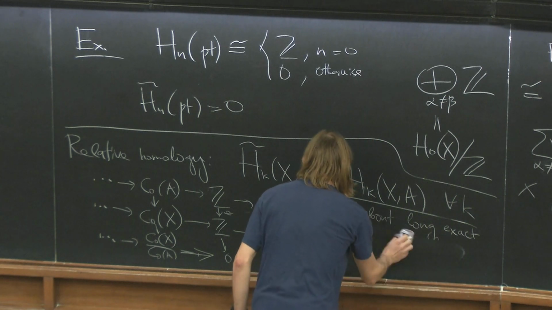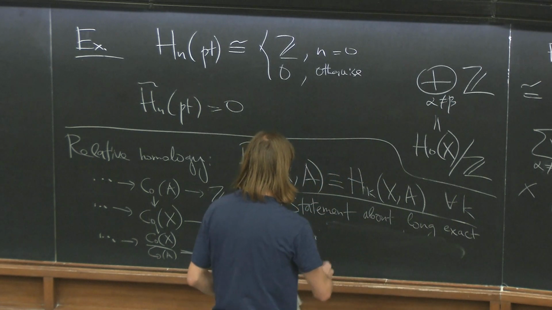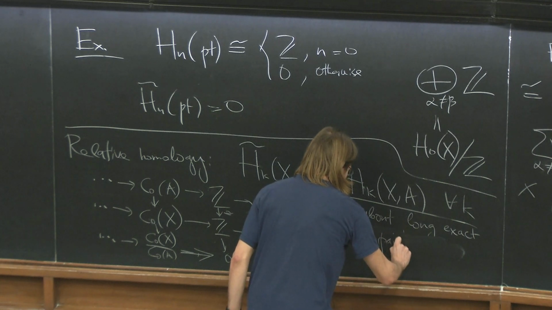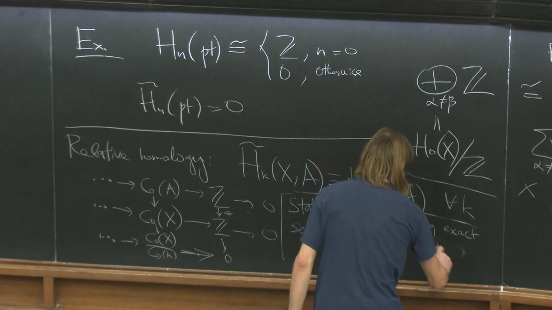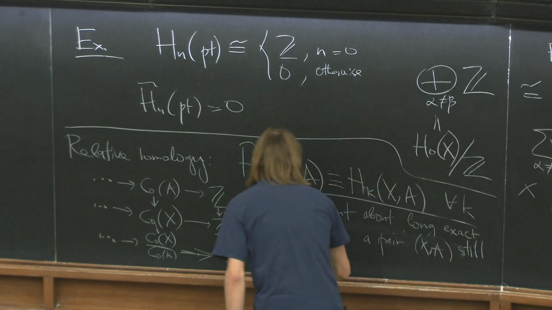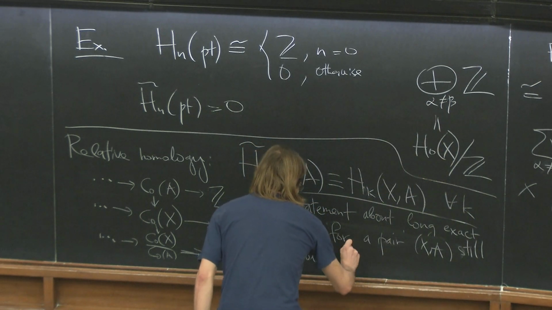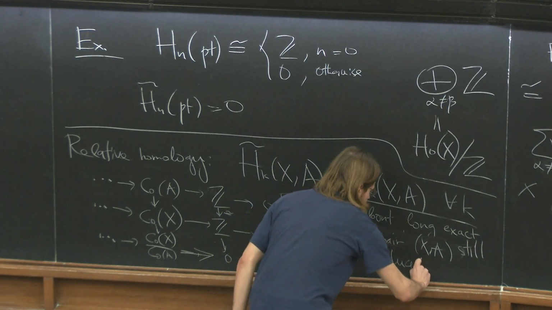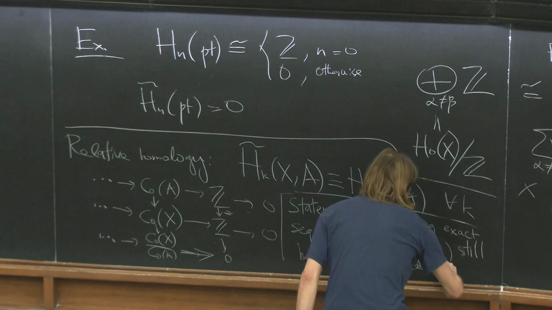Sorry, let me write the statement: the long exact sequence for a pair (X, A) still holds for reduced homology.